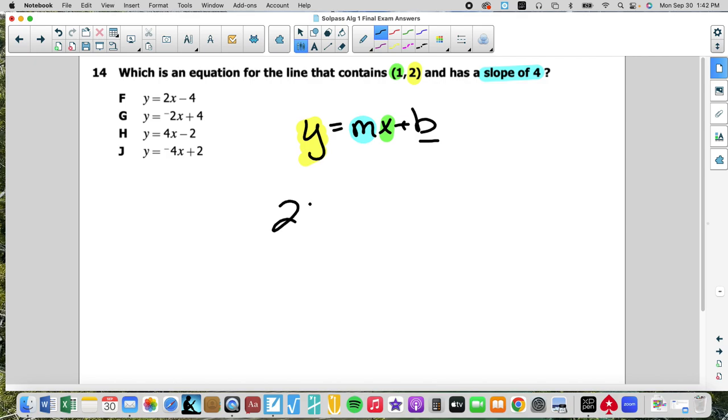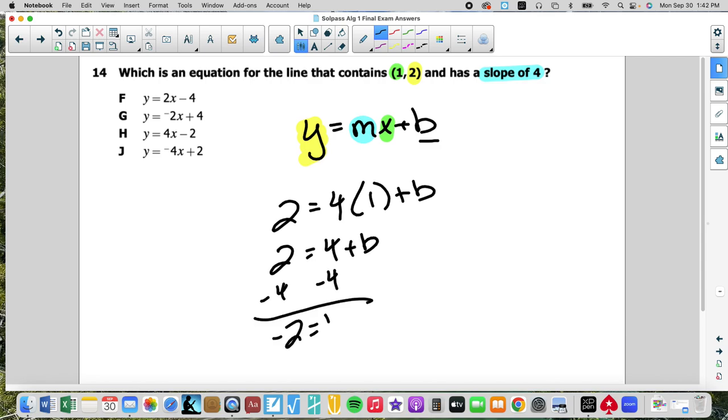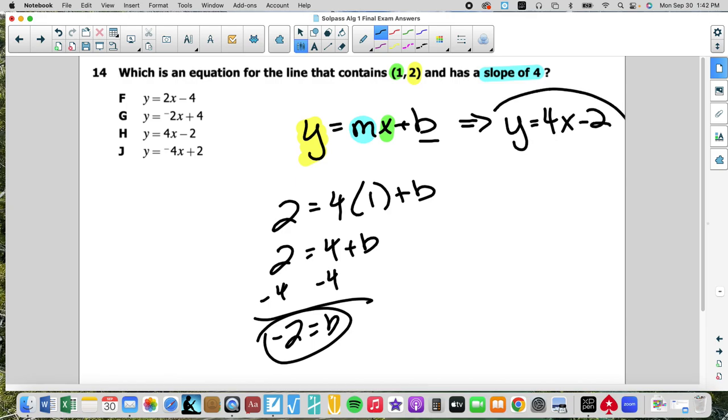So it's 2 equals 4 times 1 plus b. 2 equals 4 plus b, minus 4, minus 4. -2 equals b. Now we take this equation and plug in for the slope and the y-intercept. This is in slope-intercept form. So 4x minus 2, that would be H.